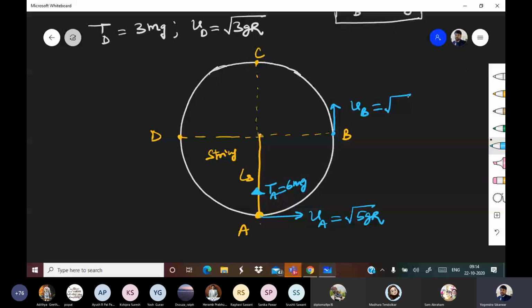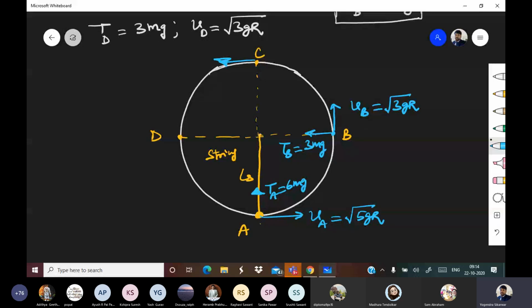If we go to point C, then VC is equal to root of GR and TC is 0.